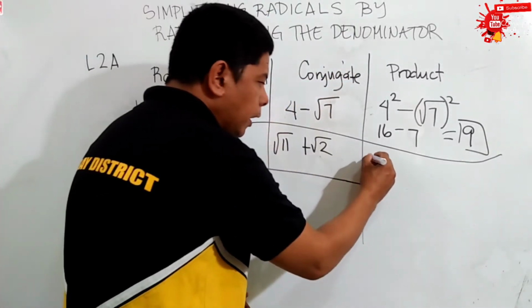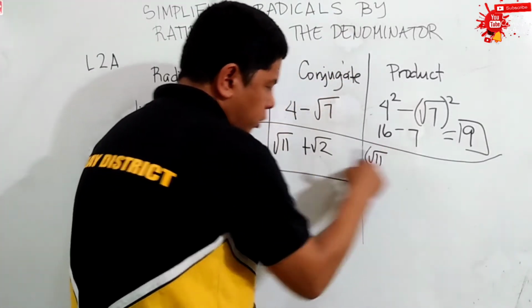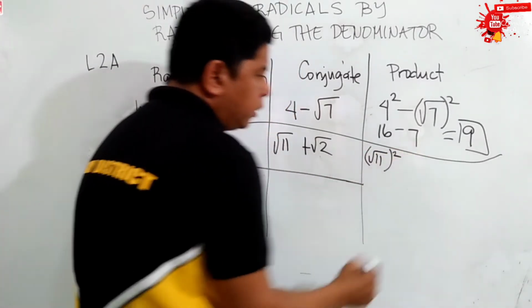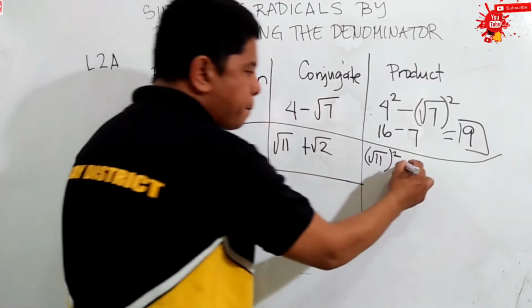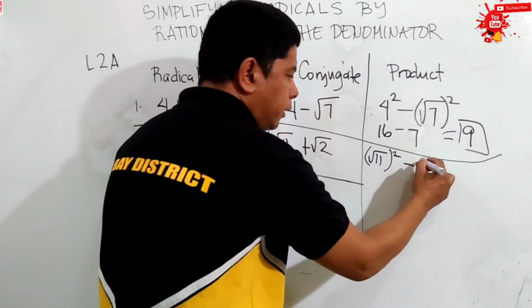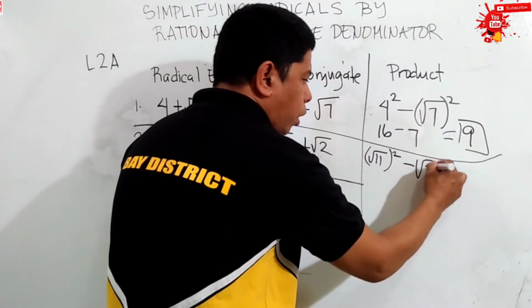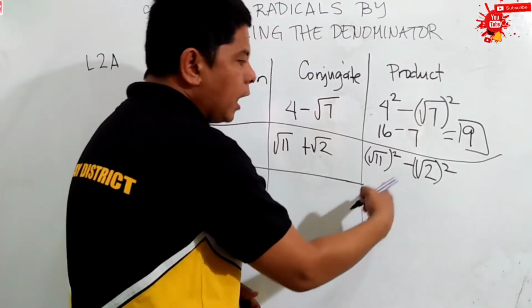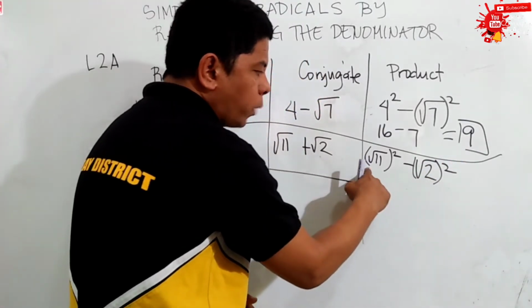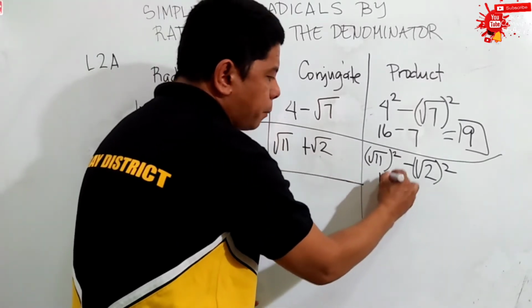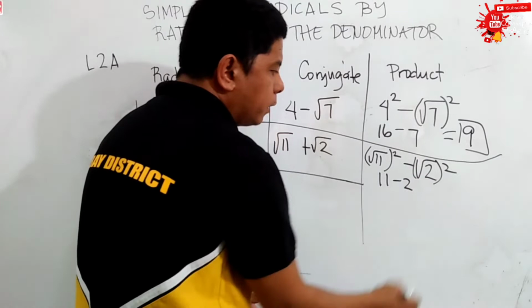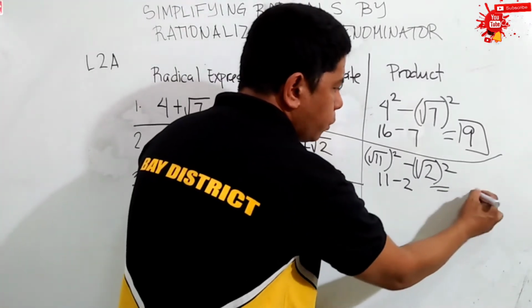So, get the square root of 11 squared minus the square root of 2 squared. The square root of 11 squared is 11. The square root of 2 squared is 2. So, 11 minus 2 is equal to 9.